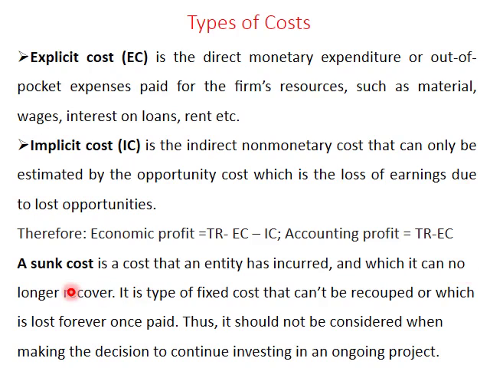Once we incur a sunk cost, it is already wasted. It is lost forever once paid. Once paid, we cannot get it back. Thus, it should not be considered when making a decision to continue investing in an ongoing project.